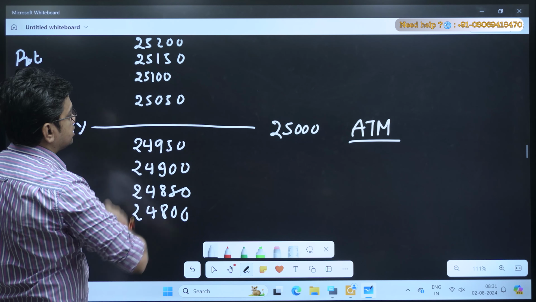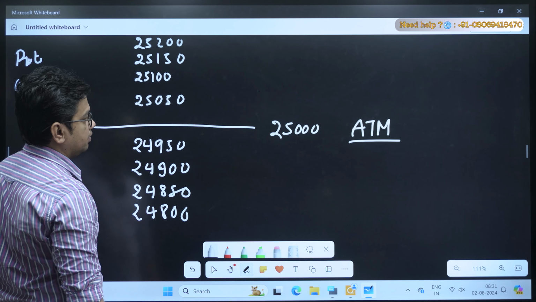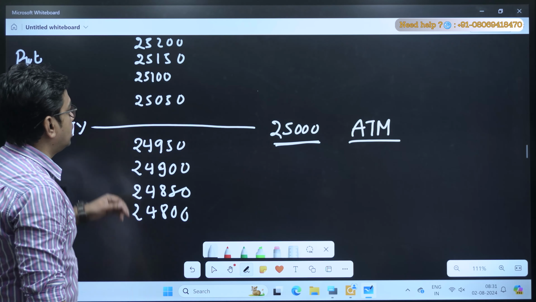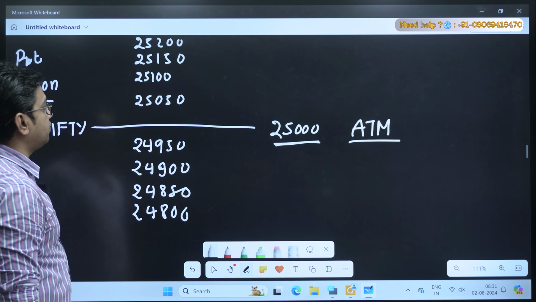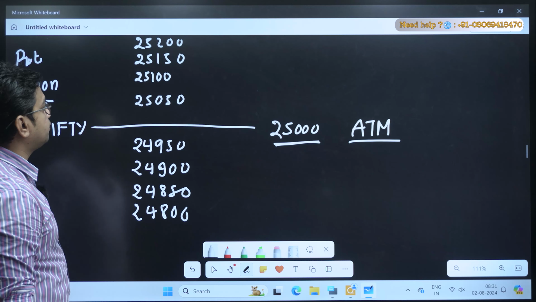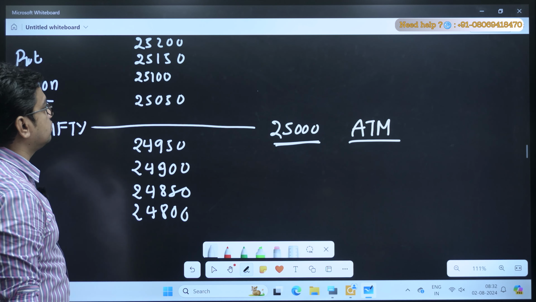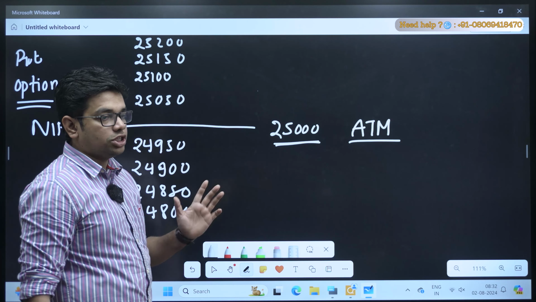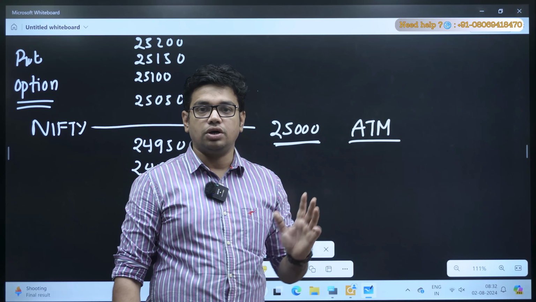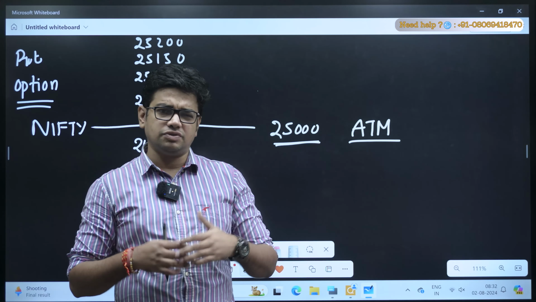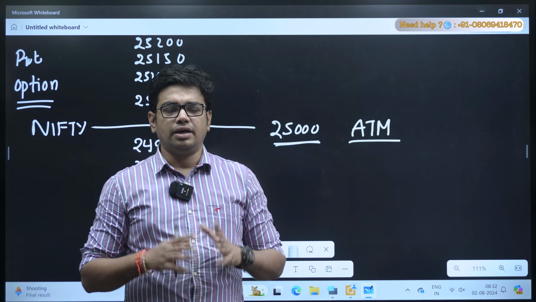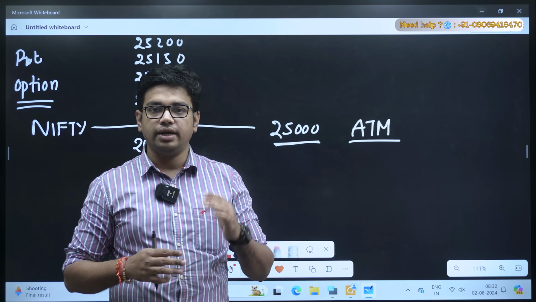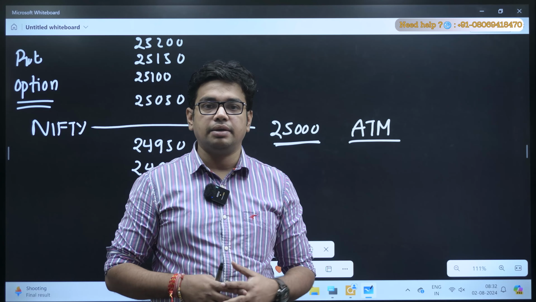These are the strikes which are above the spot level. The spot price is 25,000 right now. The strikes above are 25,050, then 25,100, then 25,150, then 25,200. These are all strikes which will be achieved in future, which have not been achieved right now. Right now maybe it is intraday, maybe in the future.